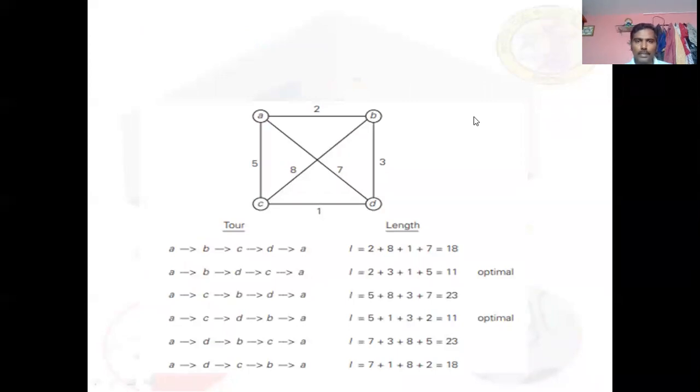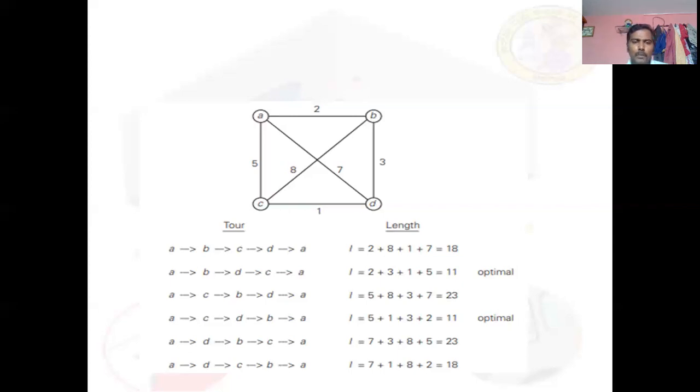Now we'll come back to the TSP problem. As a combinatorial problem, you plan a trip from A, visit all the other cities B, C, D exactly once, and come back to A. This is the problem given to you. The conditions are that you start from A, visit all other cities exactly once, and come back to A. But the goal here is optimization, meaning minimum distance.